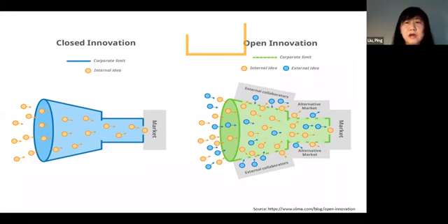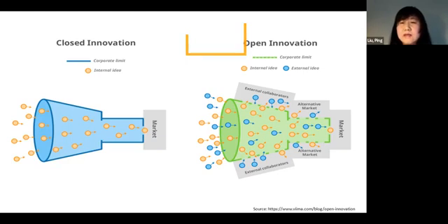And then, because of the new business context, a more sophisticated innovation method is needed because of the requirement for broad collaboration and radical innovation. On the right-hand side, you can see the open innovation funnel.